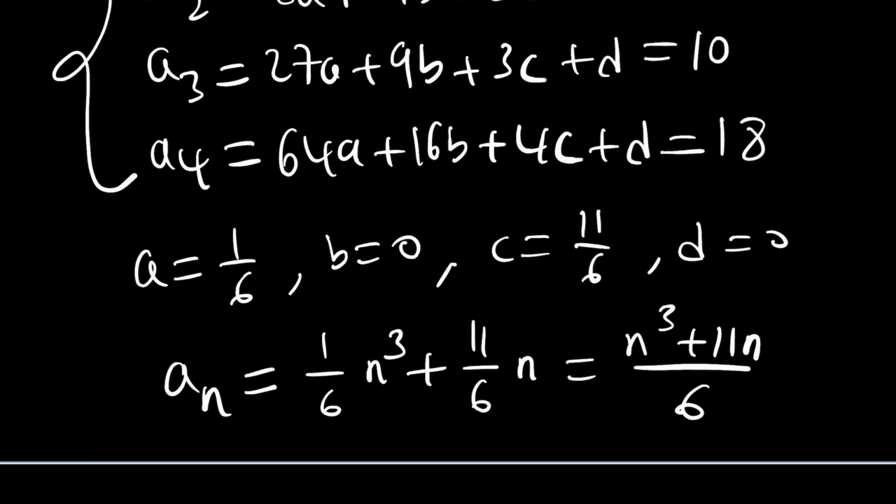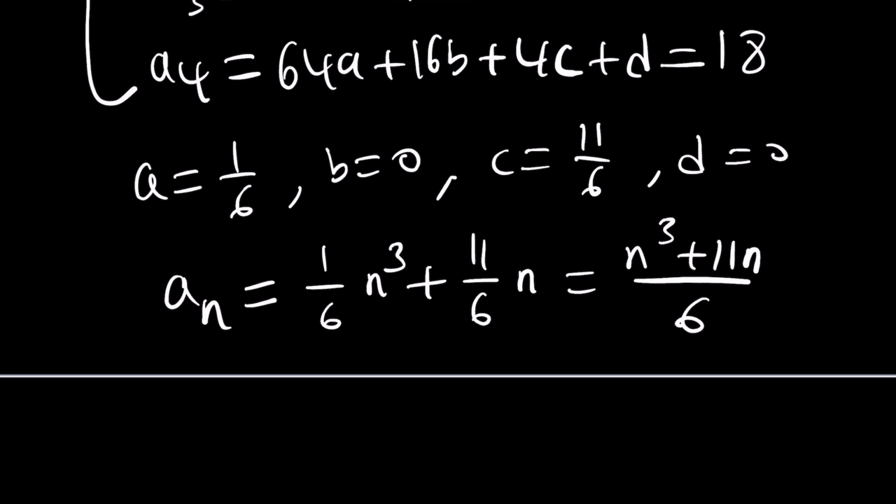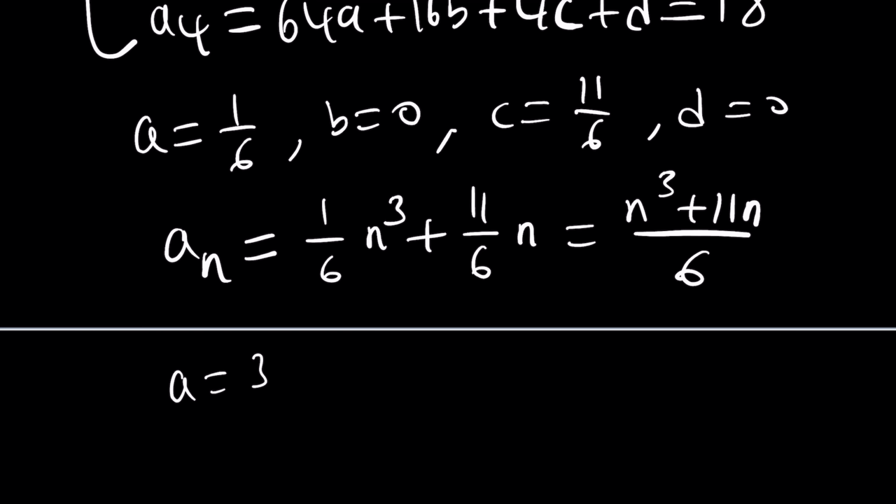So if you go ahead and replace n with 1, n with 2, n with 3, you're going to get all these numbers. But let's go ahead and try one of them randomly, like n equals 3: 27 plus 33 divided by 6, that is 60 divided by 6, and that's 10.